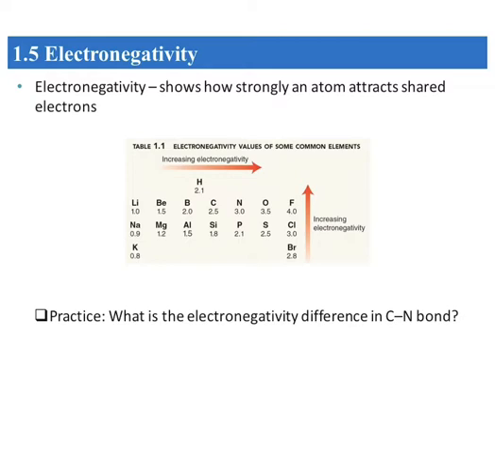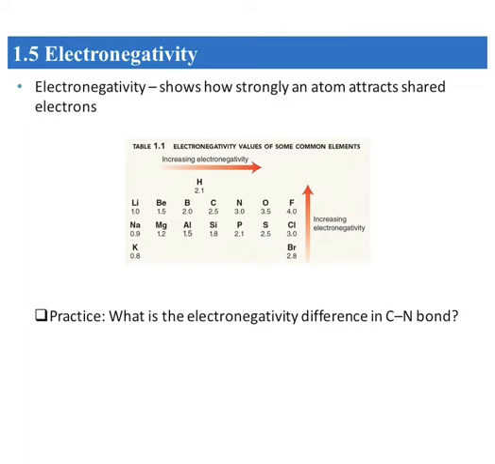Let's start with the concept of electronegativity. Electronegativity shows how strongly an atom can attract the bonding electrons toward itself. So if you look at table 1.1, we have a trend for electronegativity in the periodic table, meaning that moving from left to right and bottom to top, electronegativity value increases.